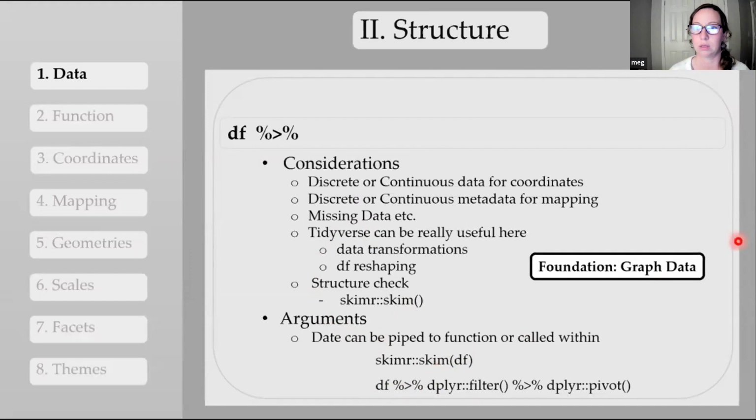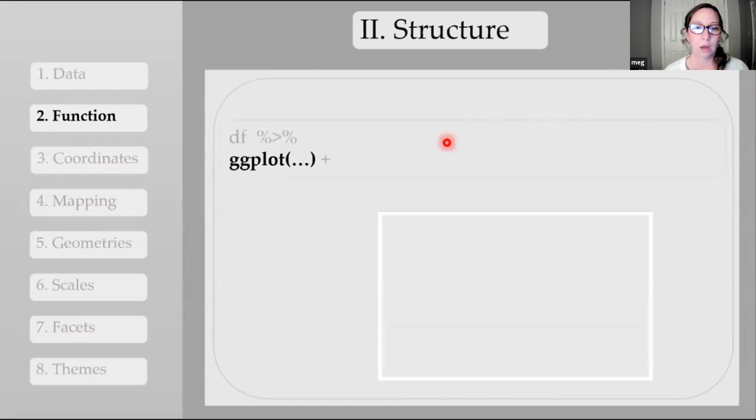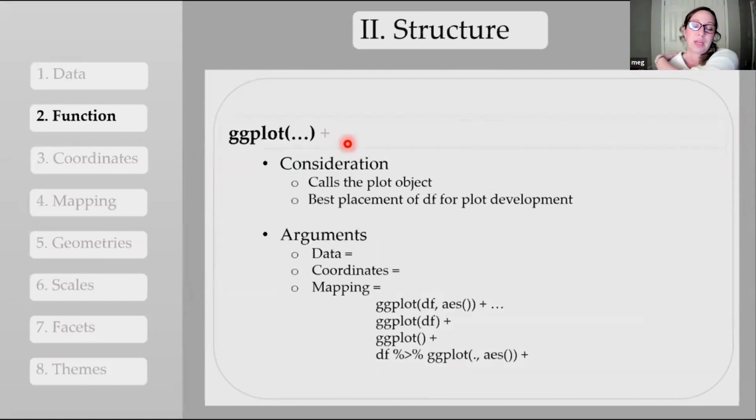As you'll see, when we call the ggplot function like this, piping the data straight to ggplot, we end up with an empty graphic. ggplot is just a function, and what it does is it calls the plot object. And the best placement for where you set your data is kind of up to you. It depends on what you're trying to do.